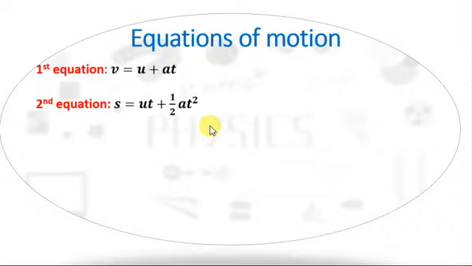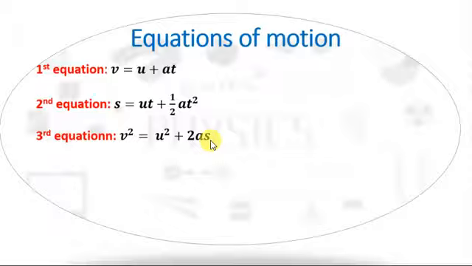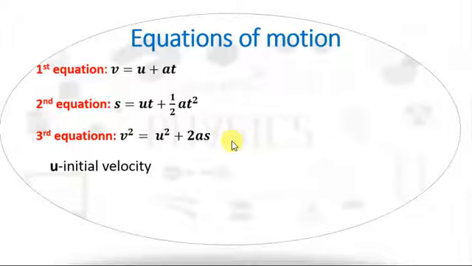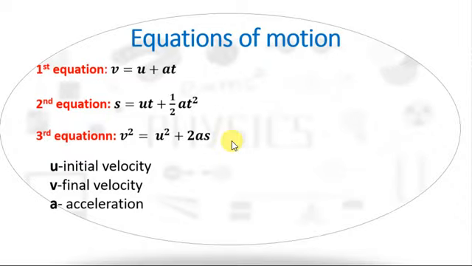There are 3 equations, and the third one is when you square v, the final velocity, it will be equal to initial velocity squared plus 2 multiplied with acceleration and displacement or distance s. To remind you, u is initial velocity, v is final velocity, a is acceleration, s is displacement, and t is the time taken.